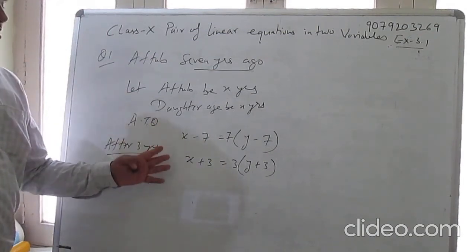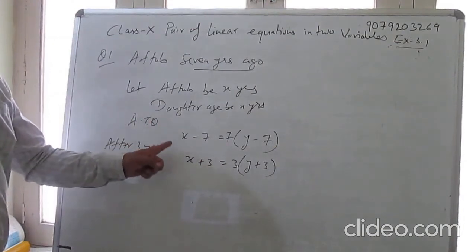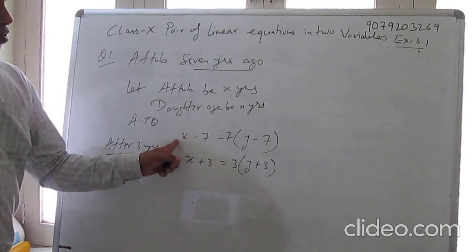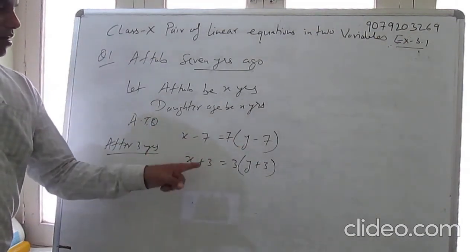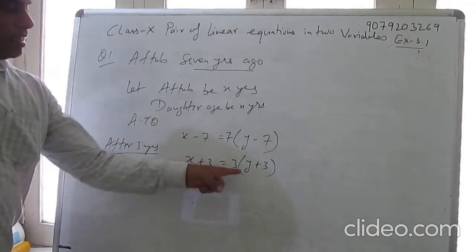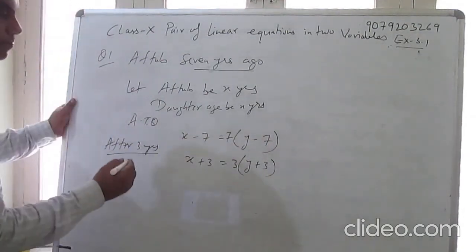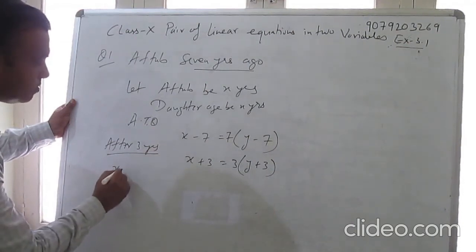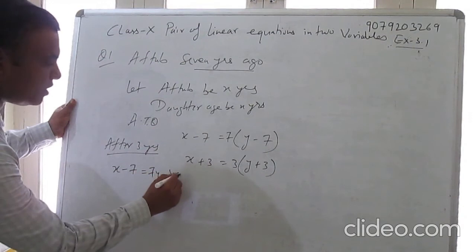Algebraically we make two equations according to the question. 7 years ago Aftab was 7 times as old, so we multiply the daughter side. 3 years from now Aftab will be 3 times as old, so we multiply the daughter side. Now see here, x minus 7 is equal to 7y minus 49.